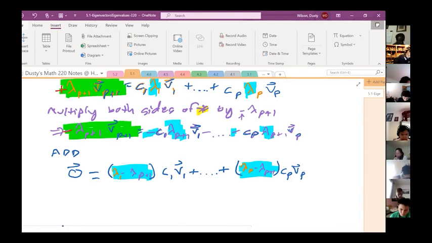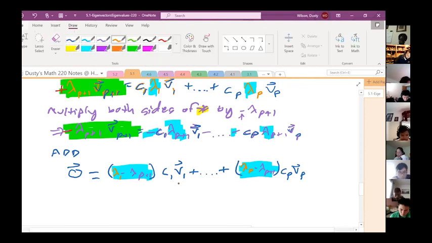So what can you tell me about the vectors v1 to vp? How do we define them? These vectors, from Ben and from Evan, are linearly independent.